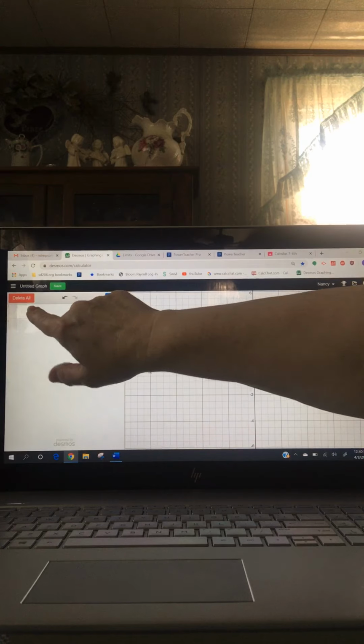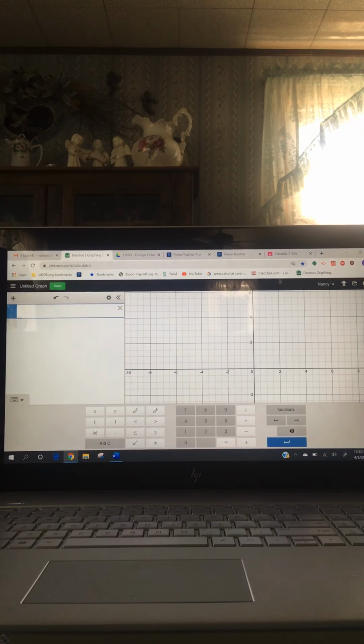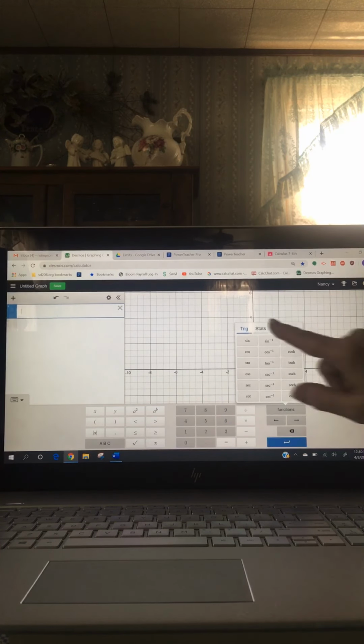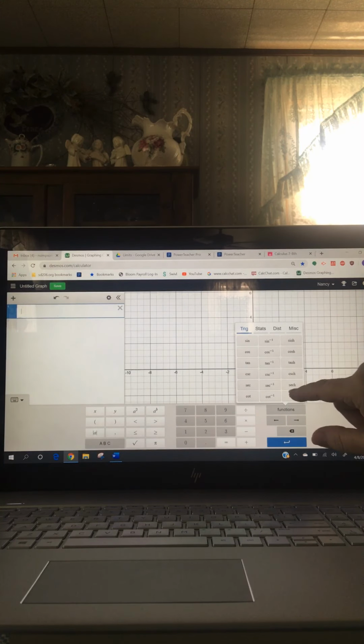I want to do a problem that's oscillating. So with that, we're having a trig function. Over here in functions is where your trig is. There's your stats. There's the miscellaneous if you needed log or something like that. The ln or log key would be in there.